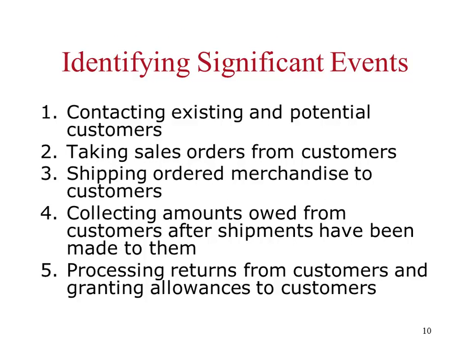This is a great example to show what value computerized information systems bring to accounting. You can capture non-economic events, like contacting existing and potential customers, plus taking sales orders, shipping, collections, and returns and allowances, right?